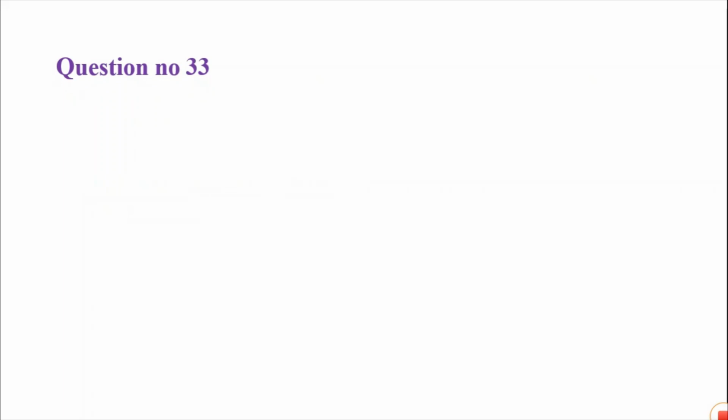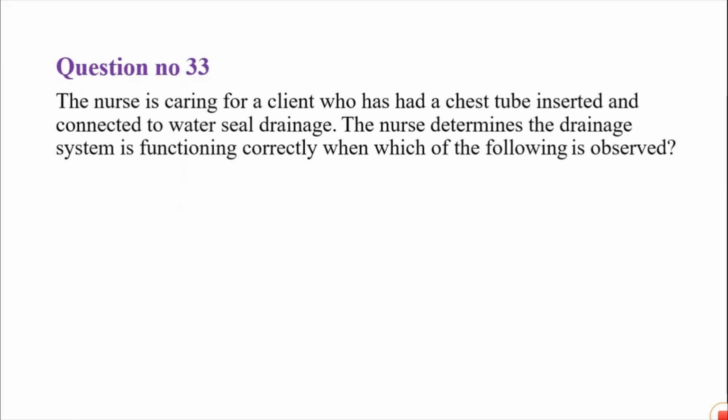Question number 33. The nurse is caring for a client who has had a chest tube inserted and connected to water seal drainage. The nurse determines the drainage system is functioning correctly when which of the following is observed?